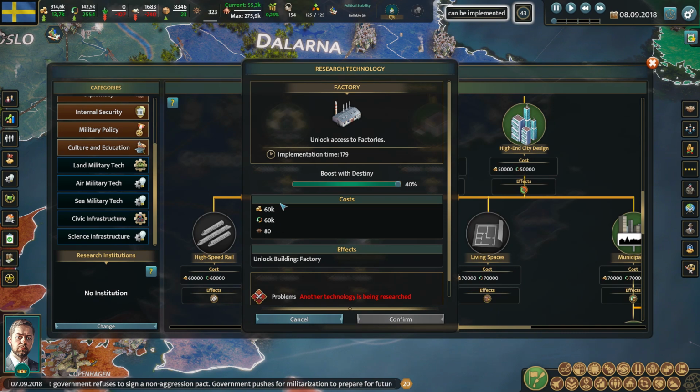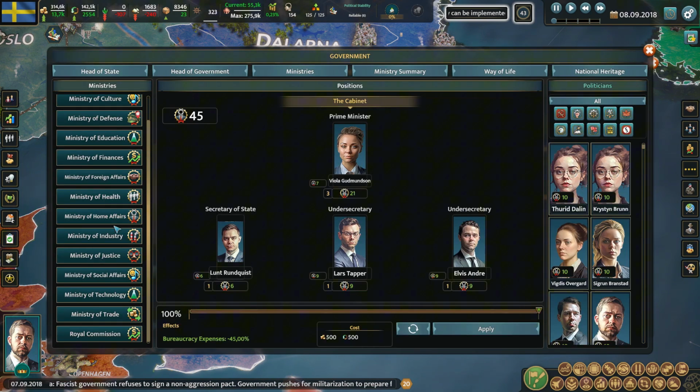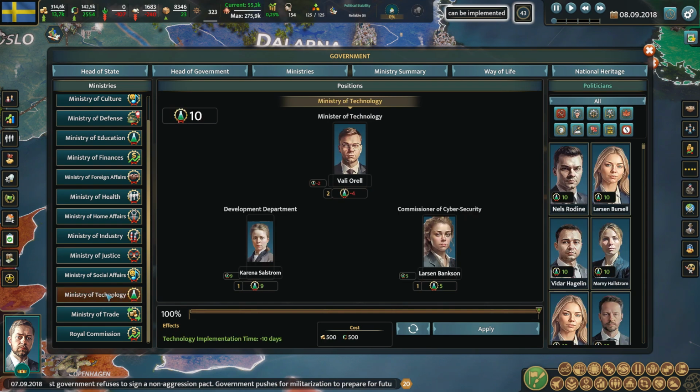And if you combine this with the ministers and the research speed that you can get right over here, the implementation of the tech will be shorter. Again, you are stacking up advantages and buffs on top of what you want to do.